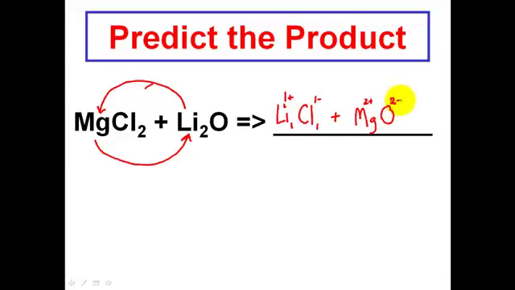And when you cross the 2, you end up with a 2 to 2 ratio, which does reduce down to a 1 to 1. So what I have here is lithium chloride as a product. The subscripts are both going to be 1s. And I also have magnesium oxide as a product, and the subscripts are going to be 1s because the 2s reduced down to 1s.